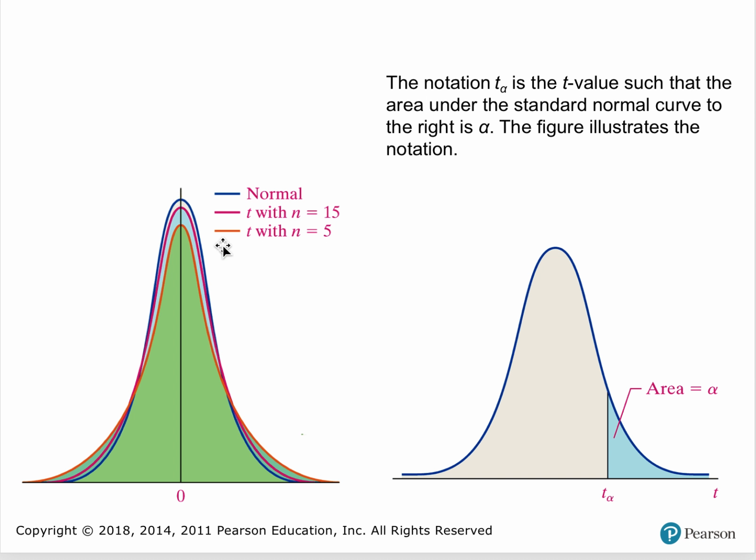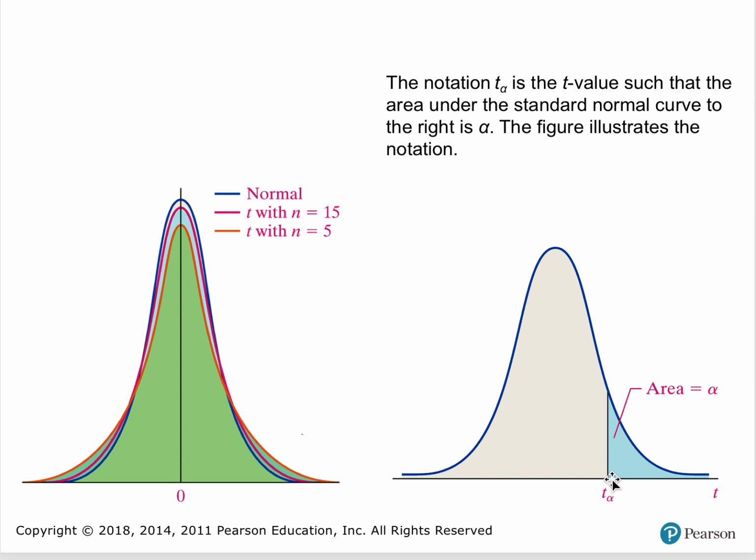Okay, notice the orange, they chose poor colors here for a distinction, but the orange one is n equals 5, so that's the one on top down here, and lower. And with n equals 15, the red one, look, it got much closer to the normal distribution. As n gets larger, it gets closer and closer to a normal distribution.